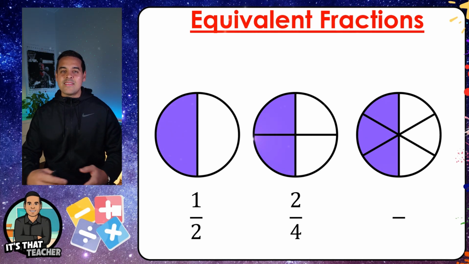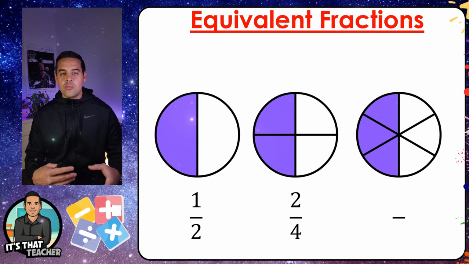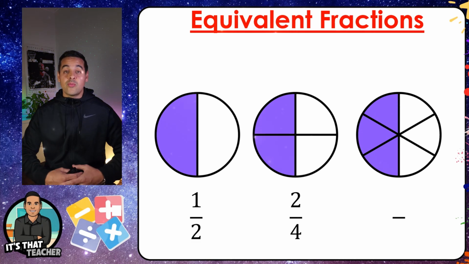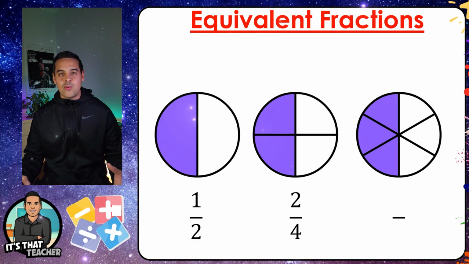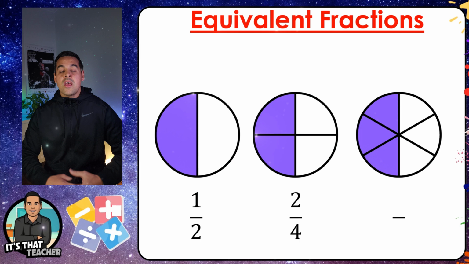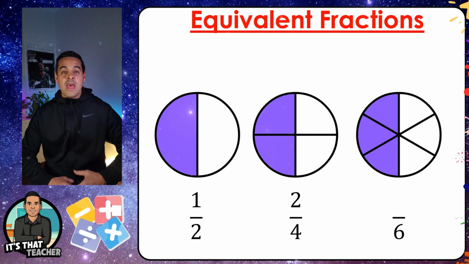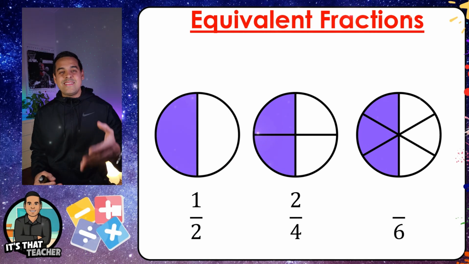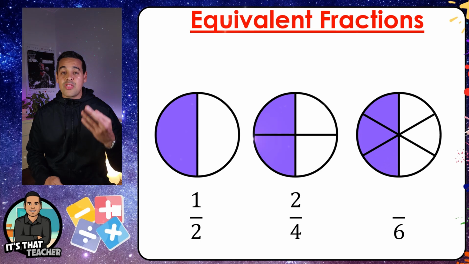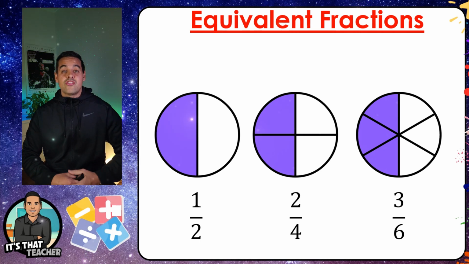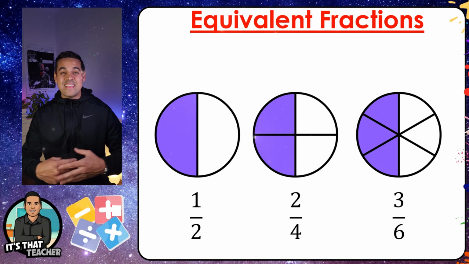So you can see how it doesn't matter that the denominators and numerators are different. Some fractions will end up having the same value, as you can see from the circles here. Finally, our last circle has been divided into 6 parts. Now we have 3 parts that have been shaded, so our fraction here is 3/6.